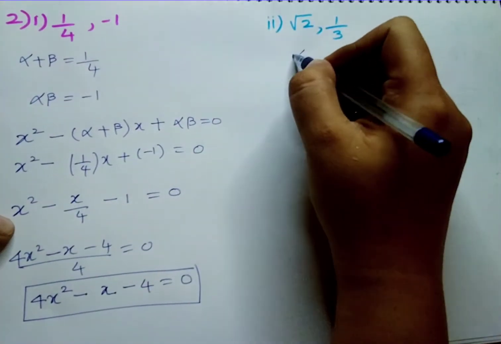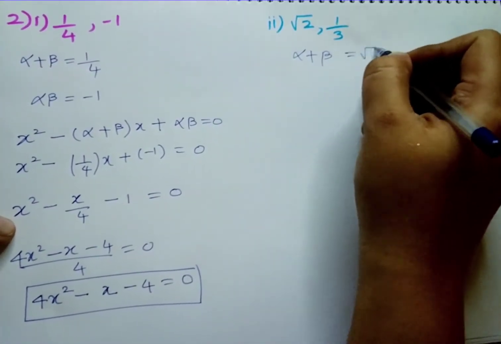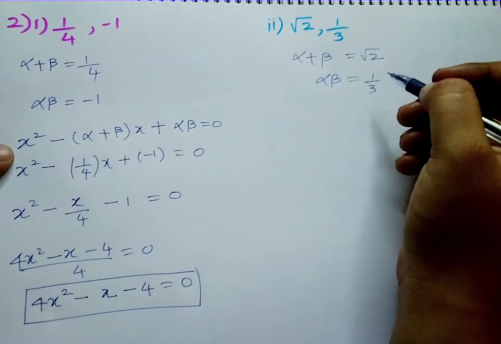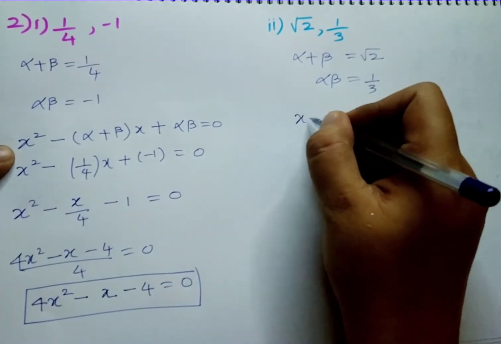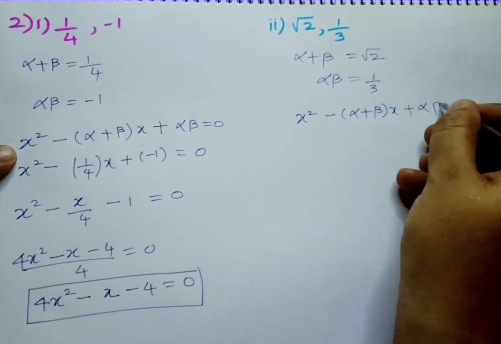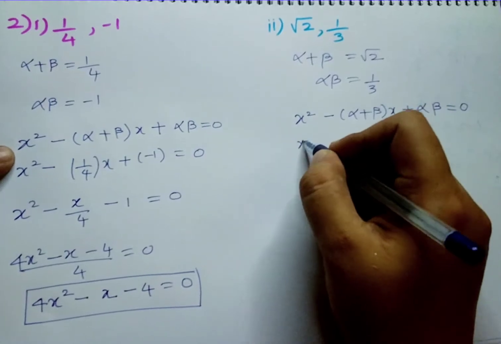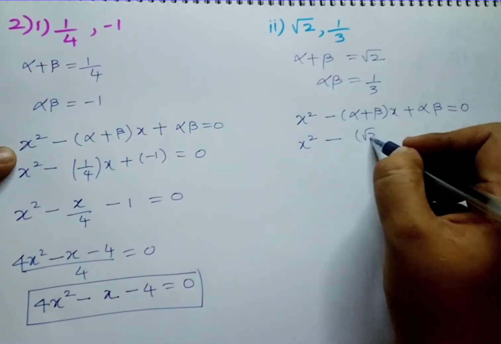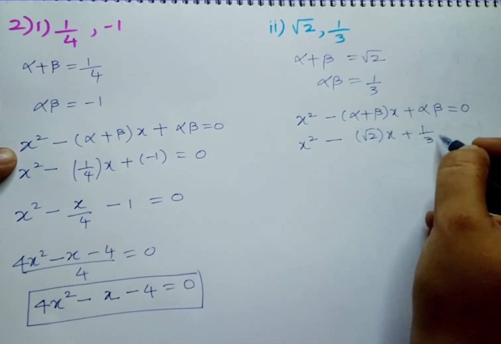Second subdivision, they have given the sum of zeros as root 2 and product of zeros as 1 by 3. When you substitute in the formula, we get x square minus sum of zeros into x plus product of zeros equal to 0. So here the sum of zeros is root 2 and product is 1 by 3.